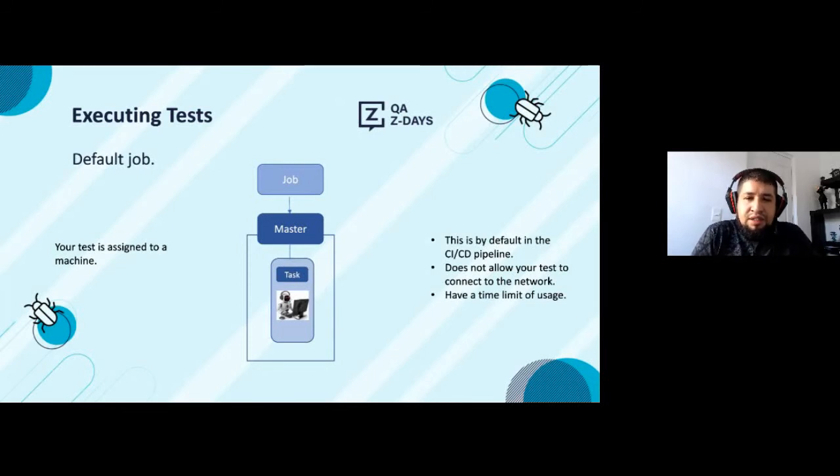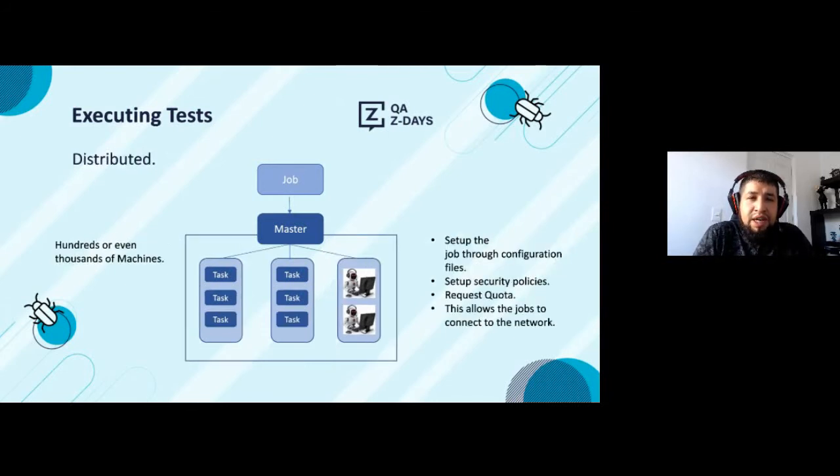Some disadvantages of using this default job, besides the network limitation or the isolation, are that it has some time limits. Those are some of the restrictions, but we have some other jobs that allow distributed processing. These kinds of jobs execute on hundreds or even thousands of machines.